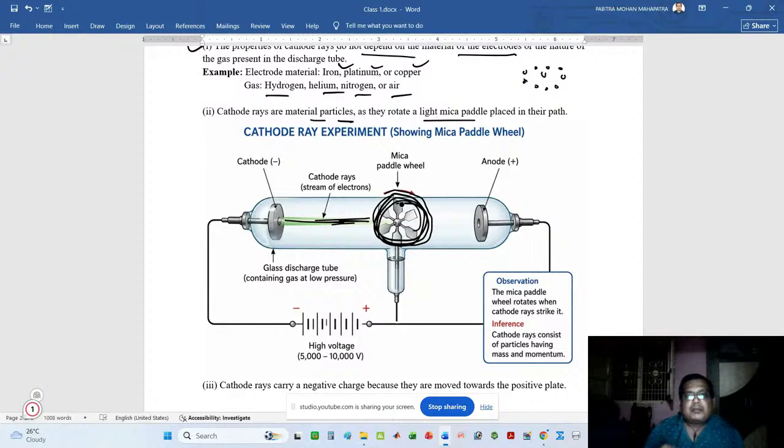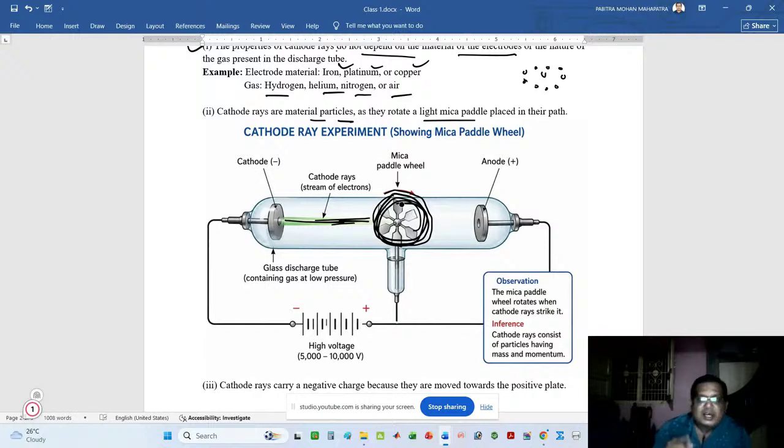As a result, the mica paddle will rotate. Otherwise, it is impossible. Without any force on the mica paddle wheel, the paddle will not rotate. From this rotation of the mica paddle wheel, it is seen that the ray must have some particle nature.